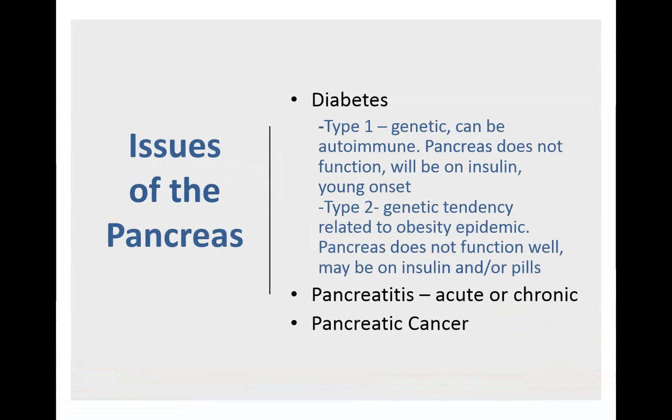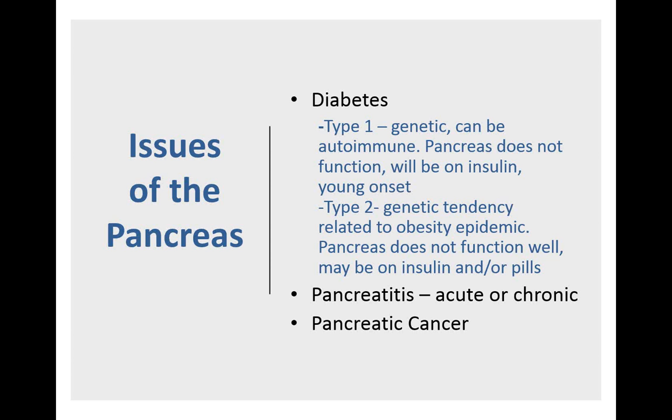So diabetes, which I know you're all very aware of because it's so common, is caused by malfunctioning of the insulin-producing cells in the pancreas. The two types of diabetes are discussed in more depth in a previous webinar, and we'll leave it at that because it needs an entire webinar. As always, there are multiple causing and contributing factors.